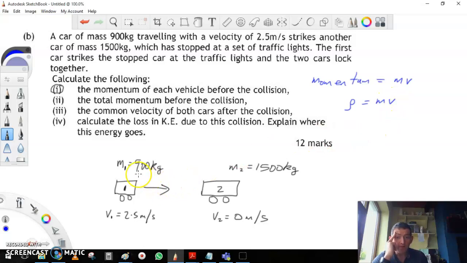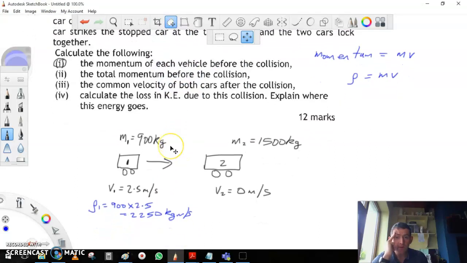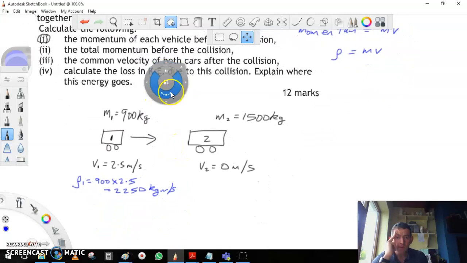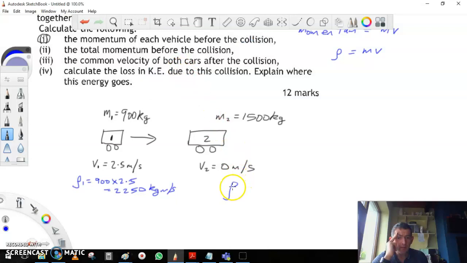So the momentum of vehicle 1 before the collision, rho 1, equals m times v, so that's 900 multiplied by 2.5, and that comes out at 2250 kilogram meters per second. And the momentum of car 2, rho sub 2, before the collision is m times v, and the v is 0, so we have 0 momentum, 0 kilogram meters per second.